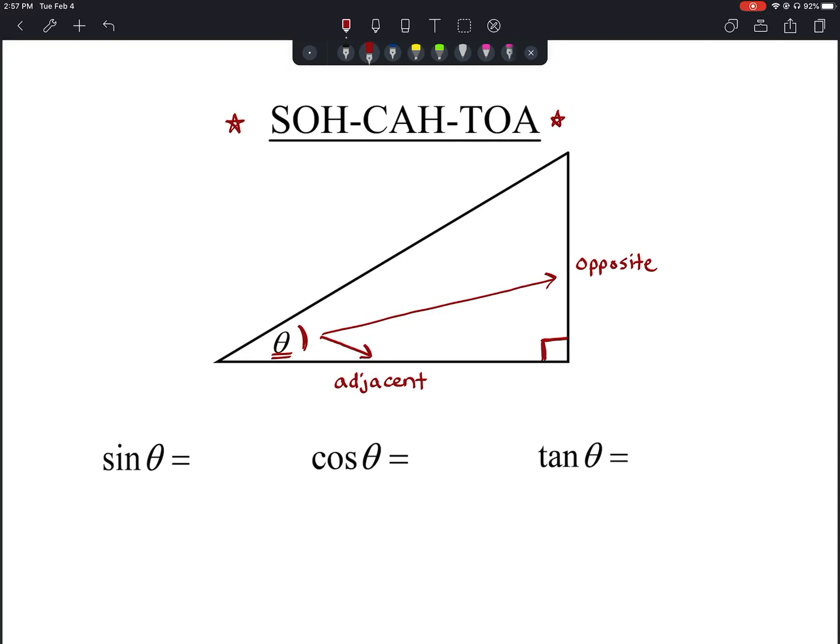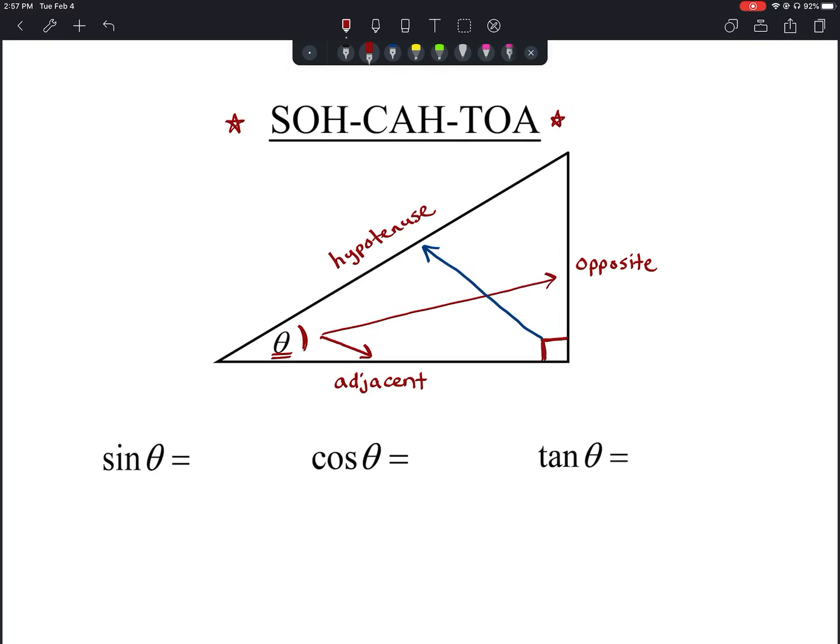And then the side that is opposite our right angle in the right triangle is going to be our hypotenuse. We use those here when we are creating our ratios.